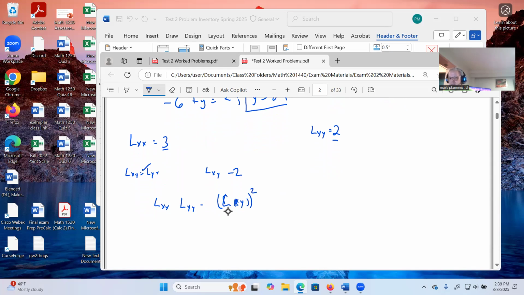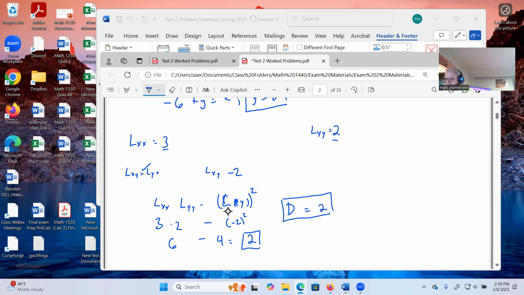We have to evaluate that. So we have 3 times 2 minus (-2) squared. So we have 6 minus 4, and we end up with a 2. So my D value here is equal to 2.